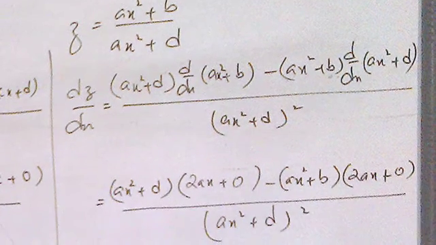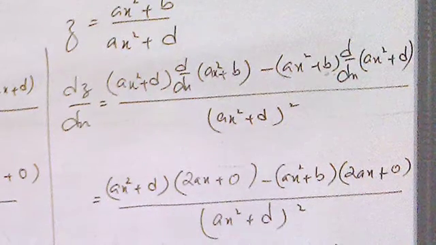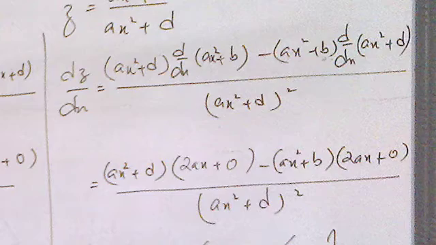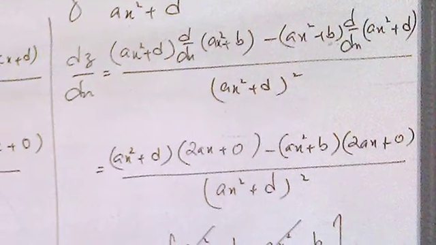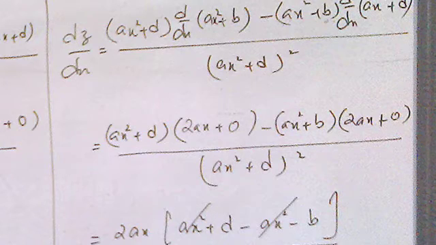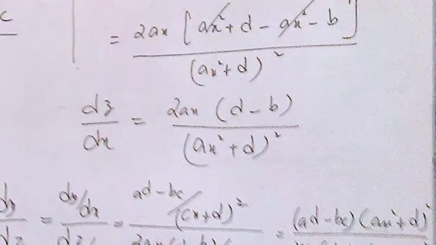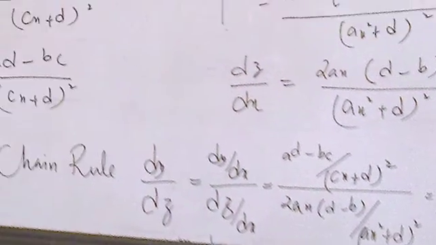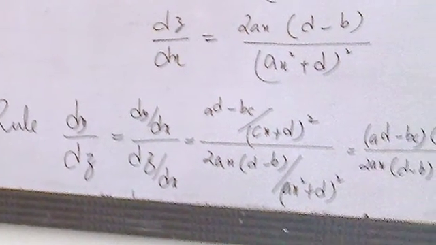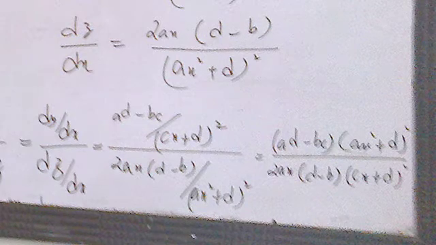Derivative of ax square is 2ax and derivative of b is 0. A number without a variable has derivative 0, and x square's derivative is 2x, so it becomes 2ax. Again multiply these values, and then we apply the chain rule, put these values and get the answer.